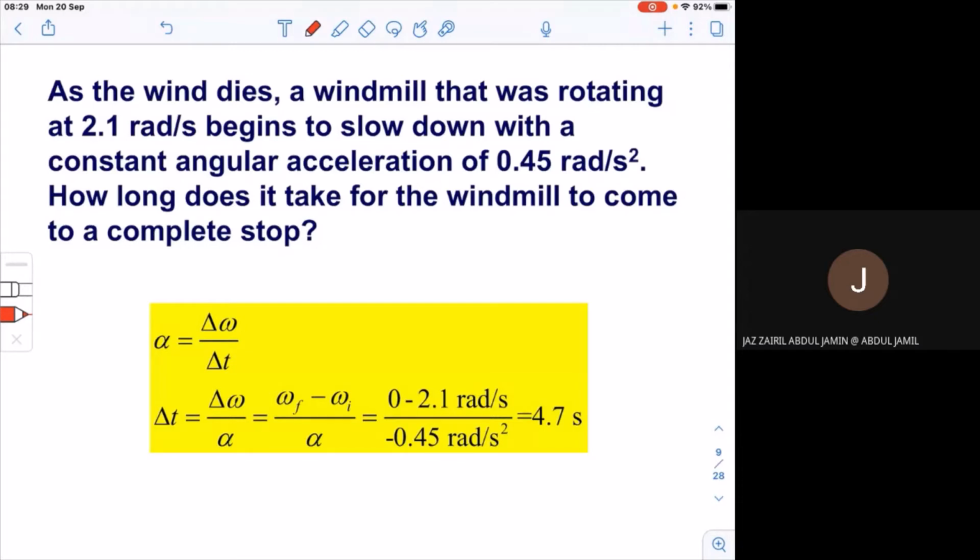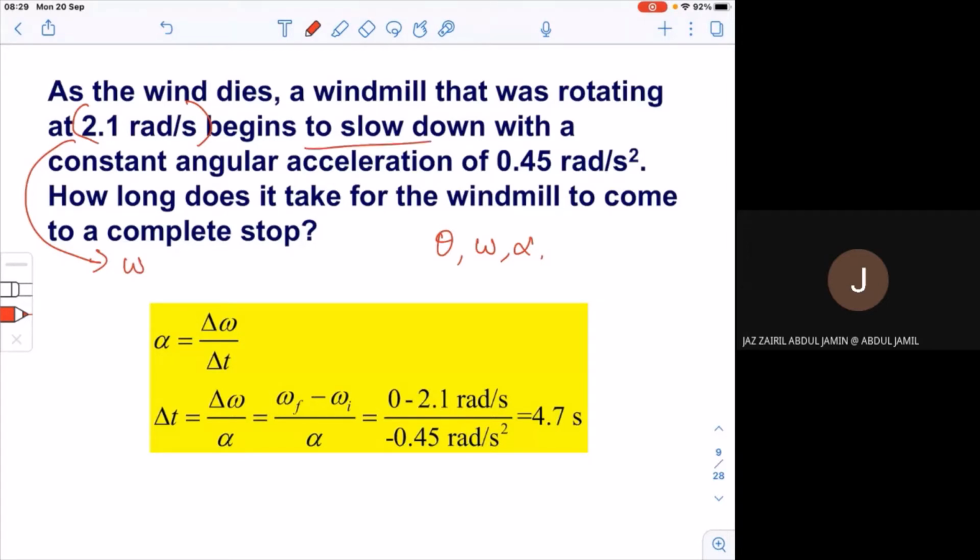The units will tell you whether this is theta, omega, or alpha. Look at the question: a windmill that was rotating at 2.1 radian per second. So this is going to be omega.